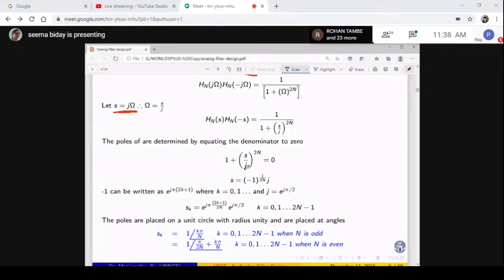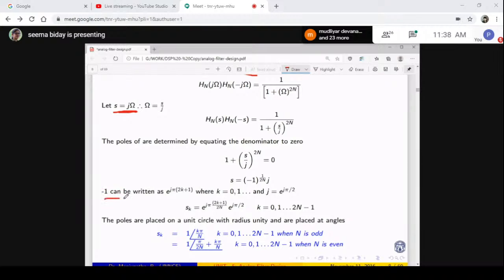Mathematics, right? See, S equal to, you can write down like this. From this, you can write down what is S. Minus 1 can be written as e to the power j pi 2k plus 1. If you put k equal to 0, 1, 2, right? It becomes minus 1. How? Yes. If k equal to 0, e to the power j pi is cos theta plus j sin theta.